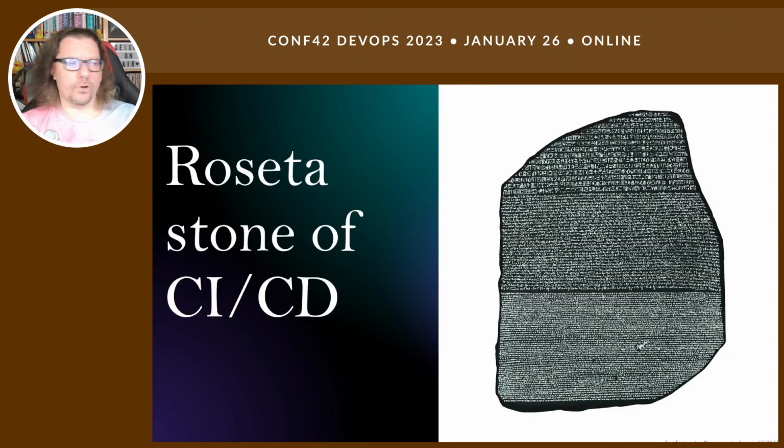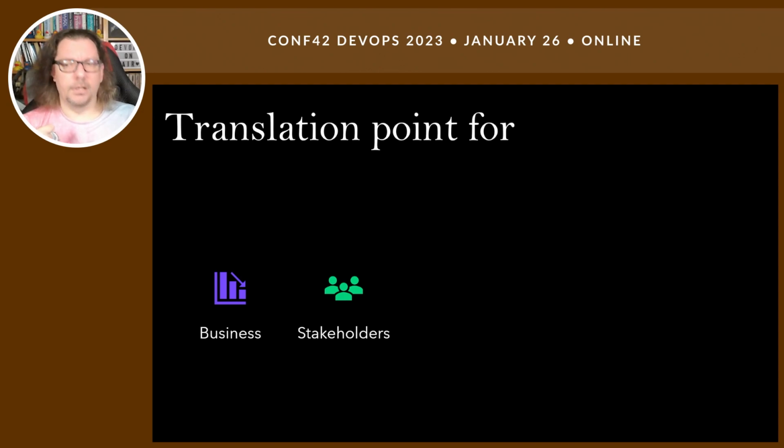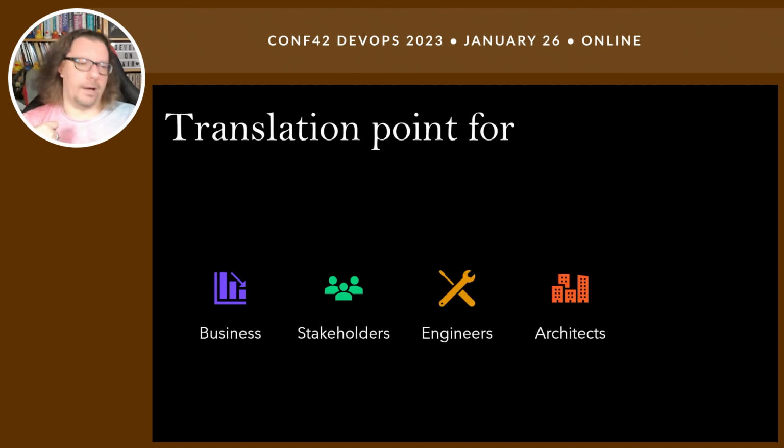And I tend to call it a kind of Rosetta Stone of CI/CD, and I see that there is a typo here, because this is a translation point. This is a translation point for business, for the stakeholders, for engineers, for architects, and also for security. And you can bring all of these people into one room and talk with them at the same time, right? And this is also what I've done.